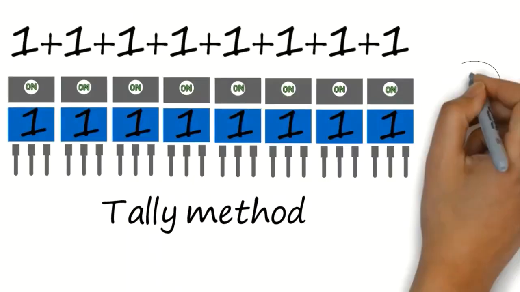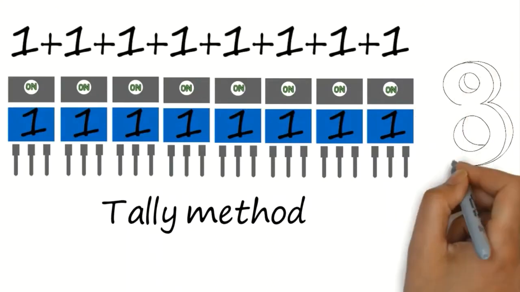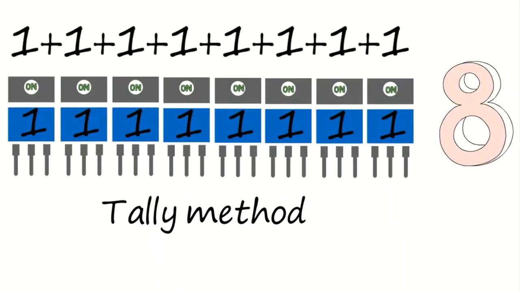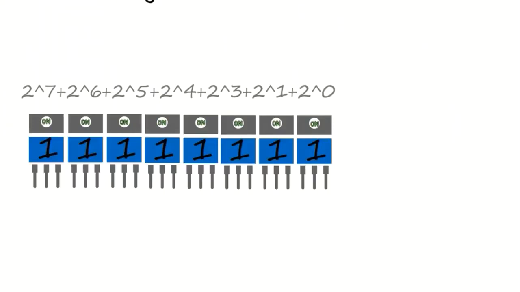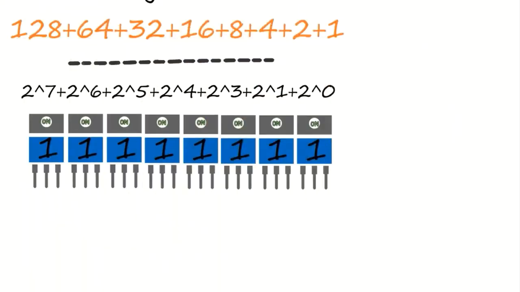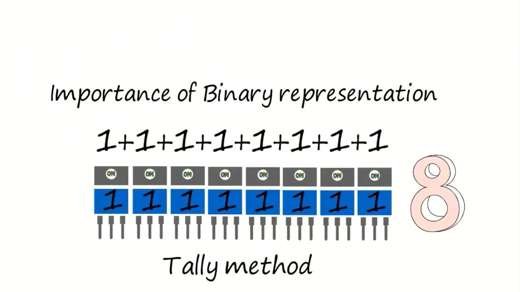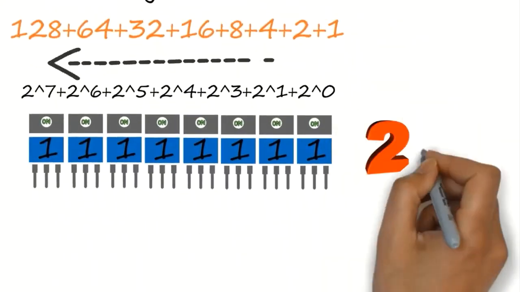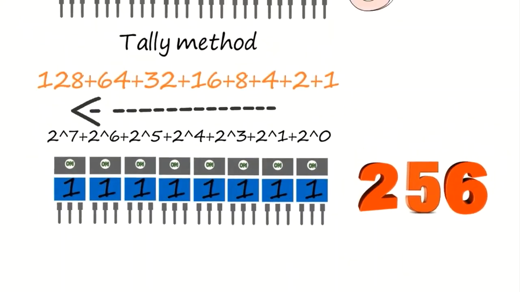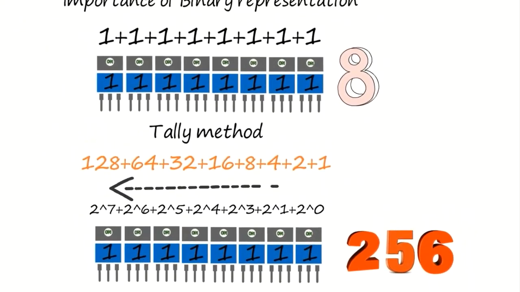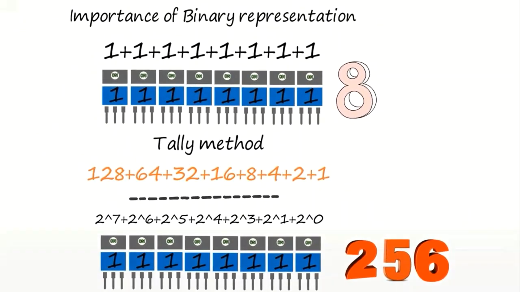Using a tally system, the number of on switches denotes the number of things we have. This is one way. Or we can use the more efficient counting known as binary, where each switch represents a digit of binary. In a tally system, 8 transistors represent 8 different values. In binary, they represent 256 different numbers using 8 transistors.